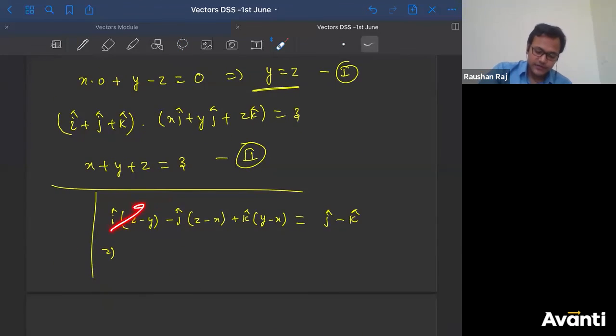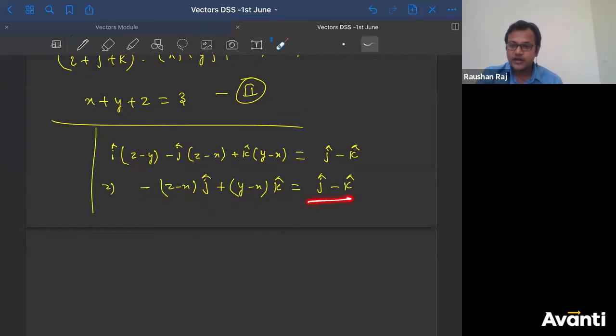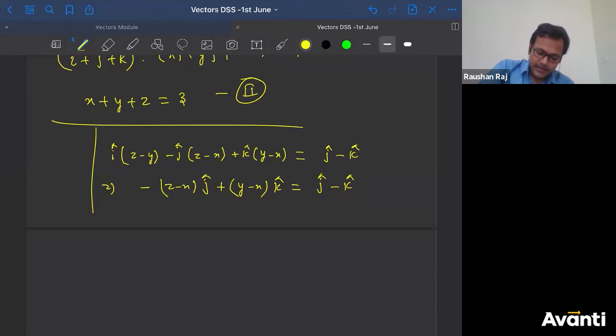Can I say this will be 0 minus, or sorry, minus z minus x j cap plus y minus x k cap is equal to j vector minus k vector. It should happen. See, in C we are not having any i component, so in this part we should not have any i component. Now tell me ahead: z minus x, minus of z minus x, must be 1, and then y minus x must be minus 1.